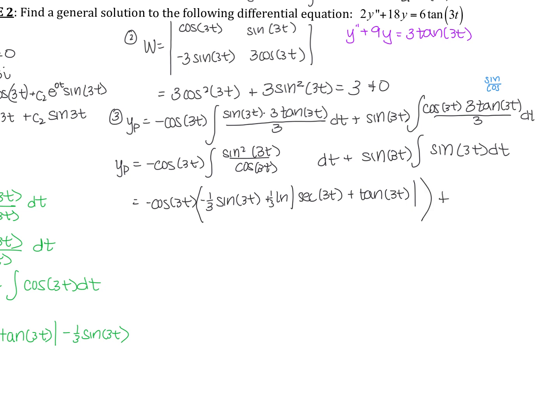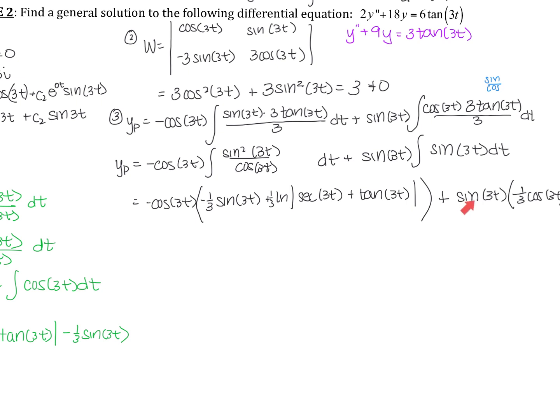Okay, plus then the integral of this next one, I would have the sine of 3t times, that would end up being negative 1/3 cosine of 3t. There's my integration. Let's clean this up just a little bit. I can see several things that are happening here. When I do the distributive property here, when I distribute this negative cosine 3t times this negative 1/3 sine 3t, I end up with positive cosine 3t times sine 3t divided by 3.